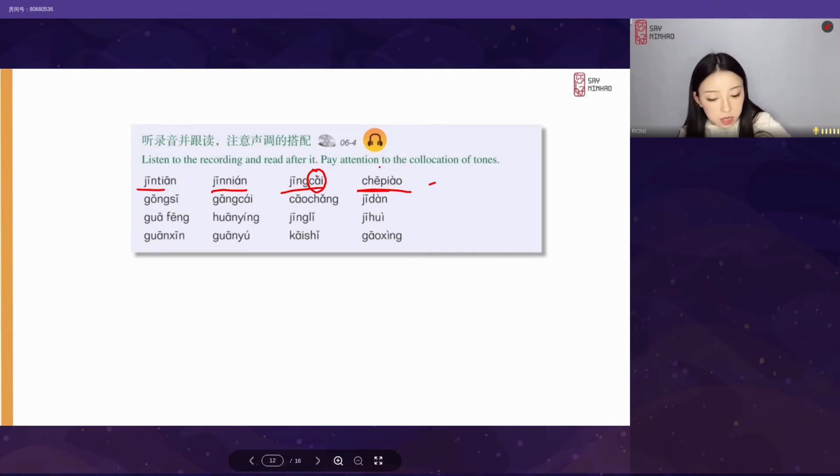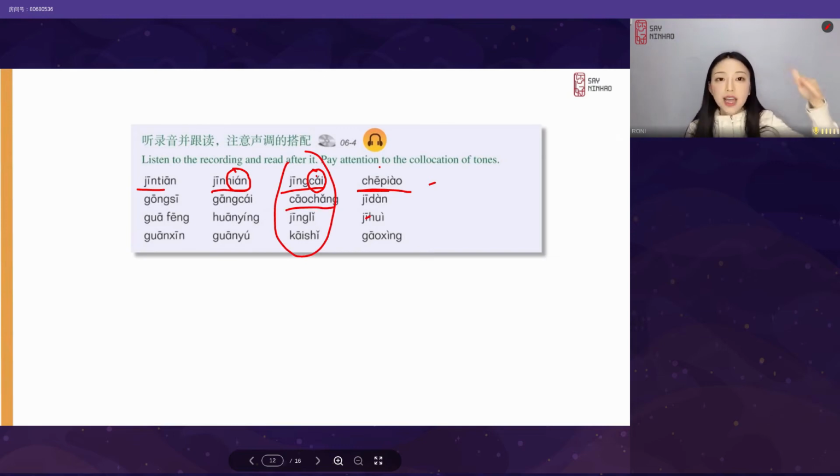So let's focus on the third tone line. So next one is 操场. Read it as the half third tone. Next one, manager, 经理.